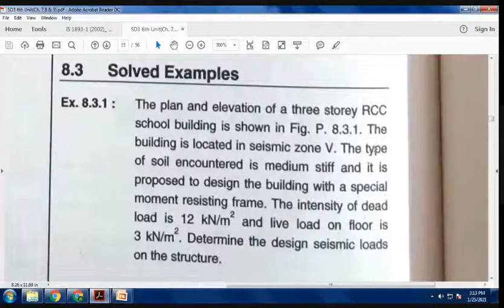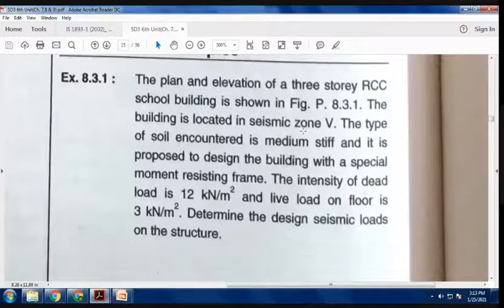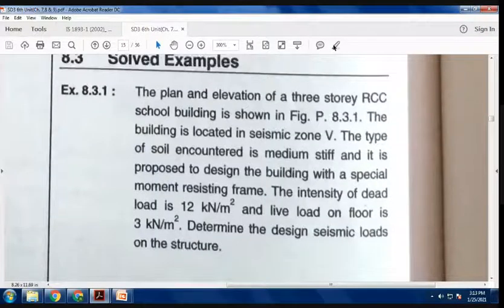Here you can see the numerical: the plan and elevation of a three-story RCC school building is shown in the figure.